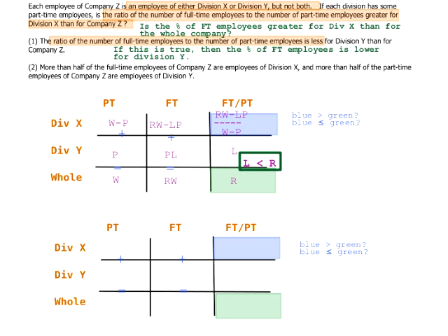So at this point, let's just express the question. So this is the question. Is RW minus LP over W minus P, is that greater than R? We can multiply both sides by W minus P because it's a positive number of people.